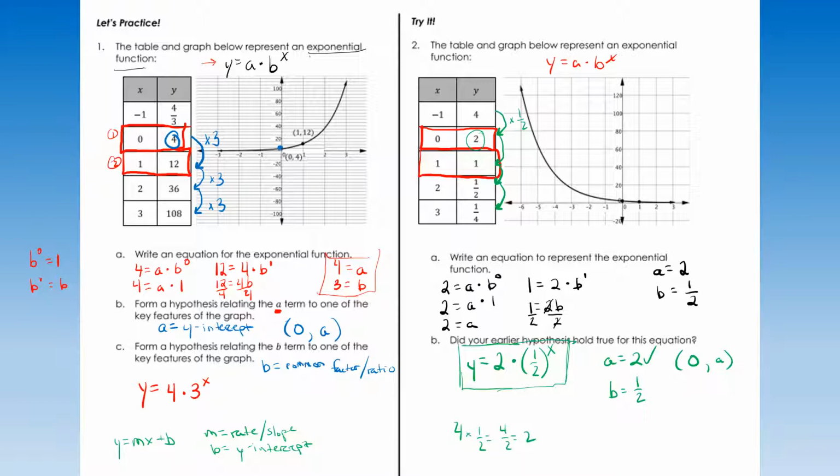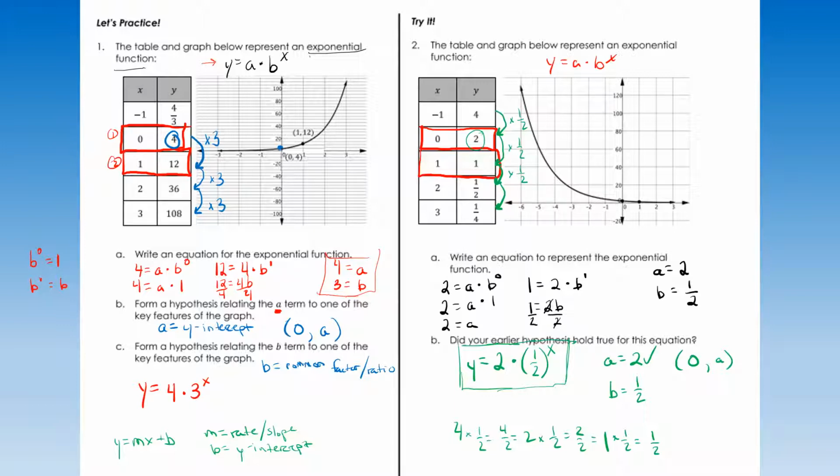So 4 times 1/2 makes 2. If I multiply 2 times 1/2, that's 2 over 2, or 1. So that's how I got to my next term. I multiplied by 1/2. 1 times 1/2 is just 1/2. So the pattern seems to be working.